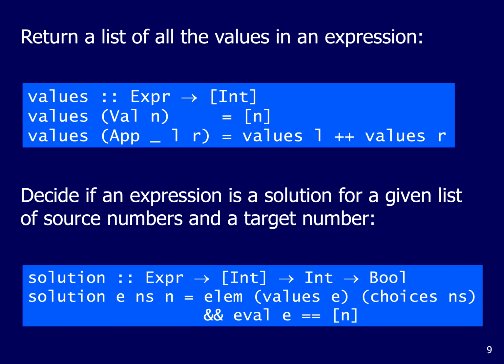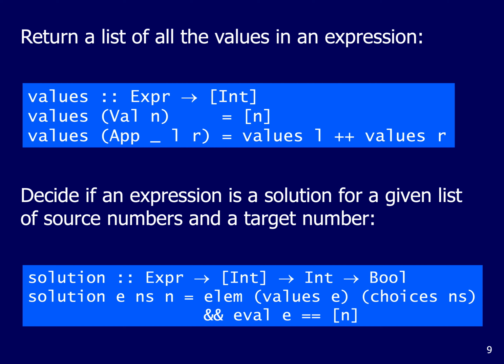So we're going to get a singleton list, and that value in the list had better be the target number. So the first part of the definition is saying, are the values which appear in the expression legal ones? So we're using each of the source numbers at most once in any order that we like. And the second part says, when you actually evaluate the expression, do we actually get a successful result, which is the target number that we want?